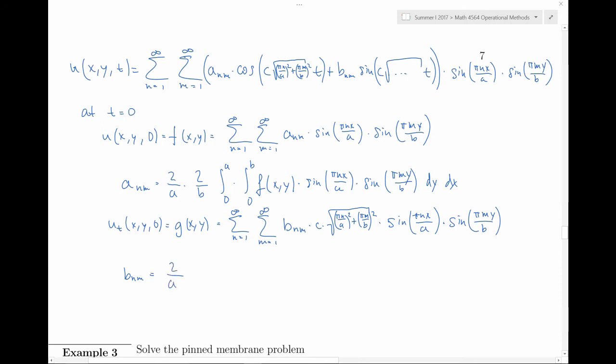So it's still going to be 2 over a times 2 over b times 1 over that monstrosity, c times the square root of pi n over a squared plus pi m over b squared, all under the square root, times the integral from 0 to a and then this time it's going to be the integration of g of x y times all of those sines.